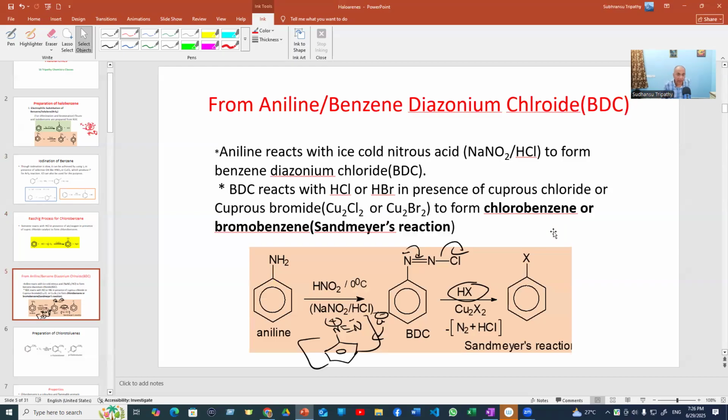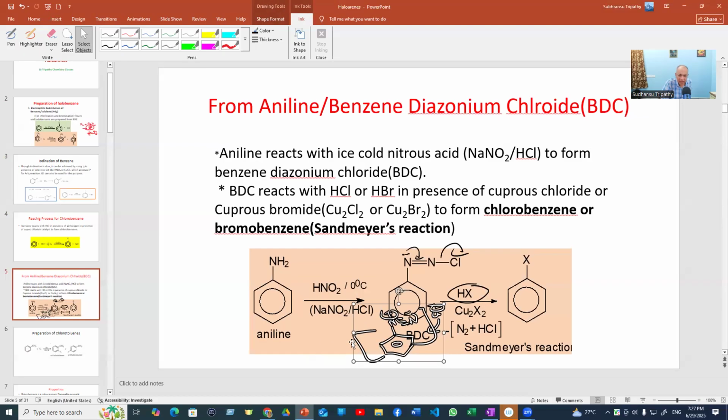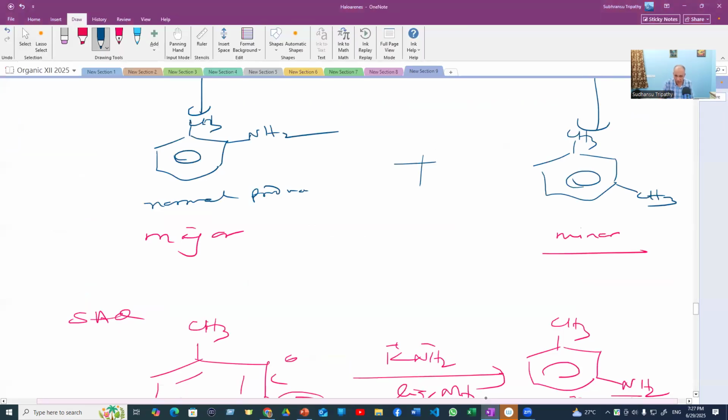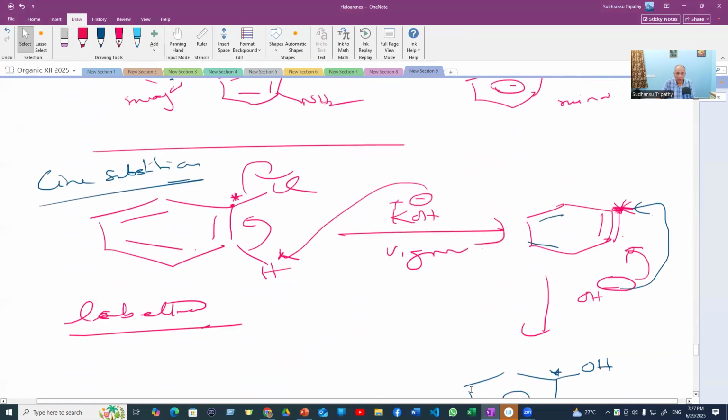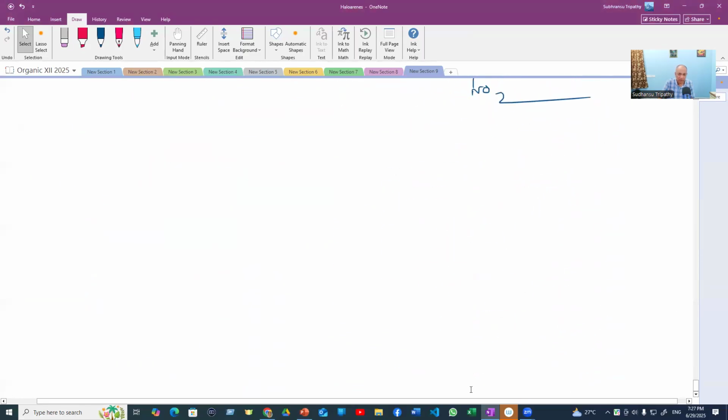And the other way is through benzene diazonium chloride, which we shall study in detail in the chemistry of amines. Aromatic amines are called, that is, aniline. But I will tell you here how we prepare that through Sandmeyer's reaction.